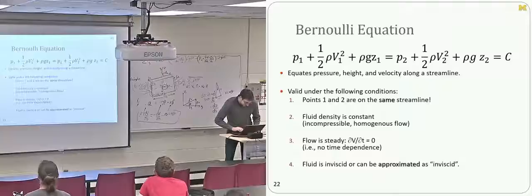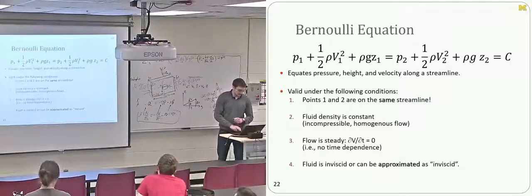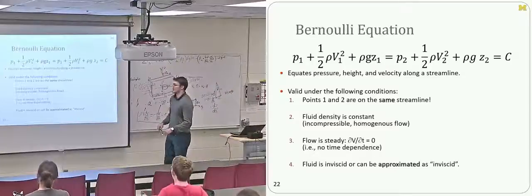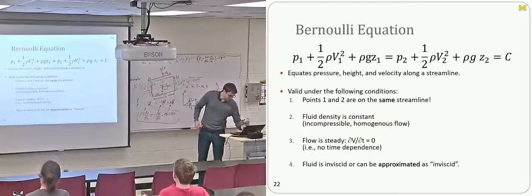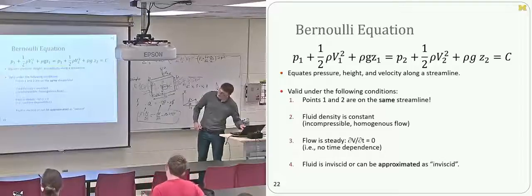So, let's show some examples of how we use the Bernoulli equation and how it gives us some insight into the flow. First, something pretty qualitative, kind of easy. Behold our nozzle from before. Remember, we said that V2 is greater than V1, right?